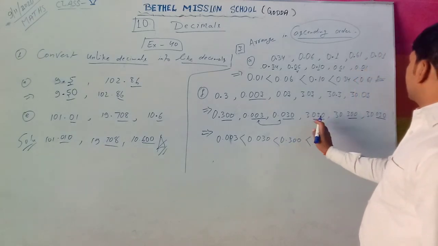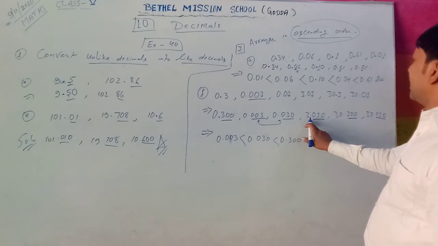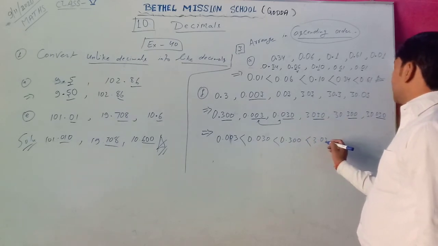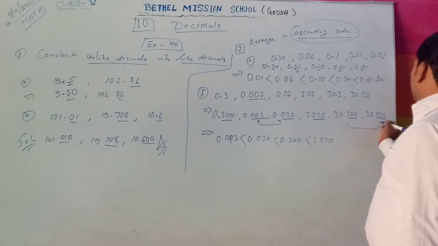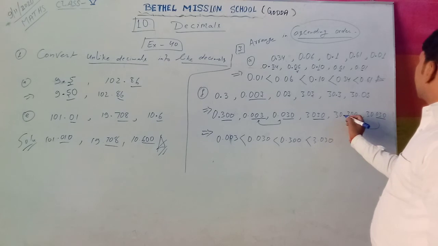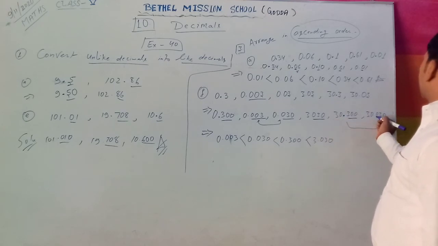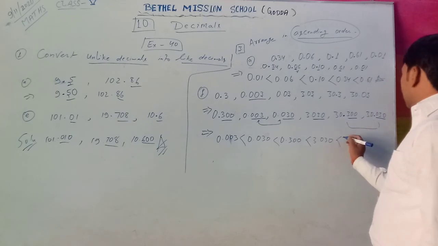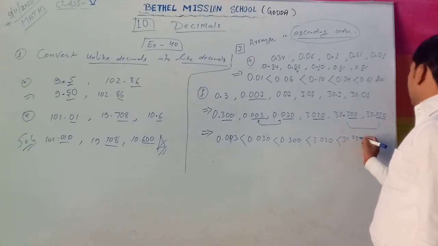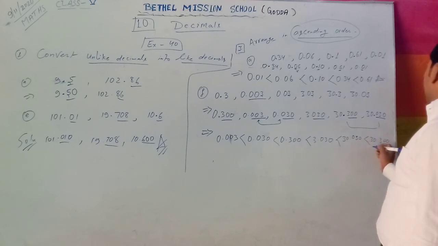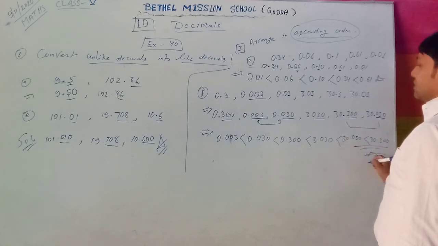Now you have to consider this one. This is 3 point and this is 30. So we can write 3.030. Now these two, that is 30. Okay, leave that. Now after the decimal, that is 0.3 and that is 0.1. Which one is smaller? This one is smaller. 30.030 and at last this one 30.300. Okay, this is the answer.